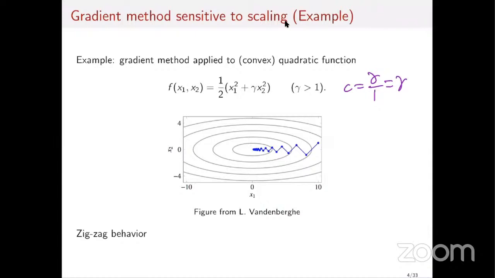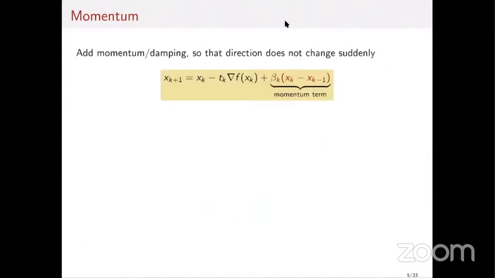We want the direction to not be a purely local thing, but also depend on what the gradients of the previous iterates were. This is the concept of damping, which people have proposed to stabilize these oscillations of the gradient method.